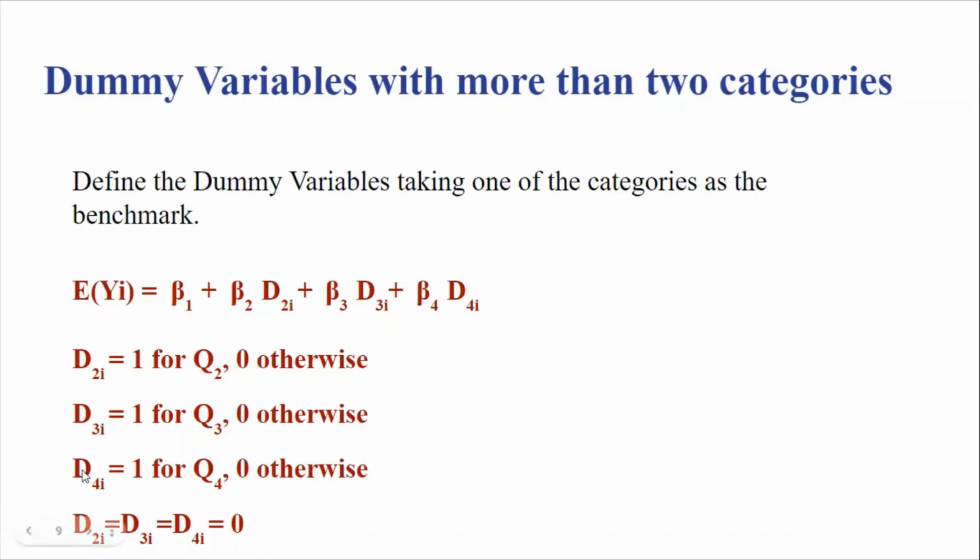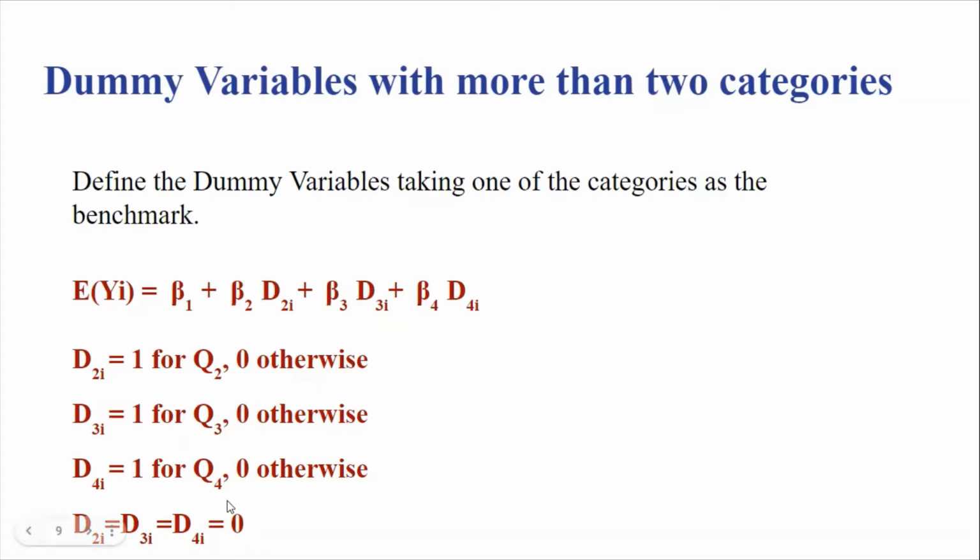The next is D4i equal to 1 for quarter 4, otherwise 0. So this means that quarter 4 has a dummy value 1 and the rest of the quarters have value 0, right? So we have defined dummy values for 3 quarters: quarter 2, quarter 3 and quarter 4.